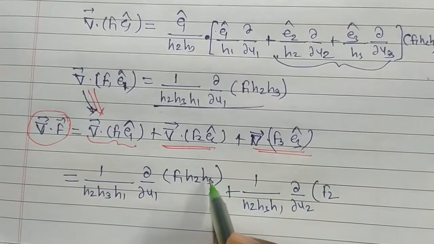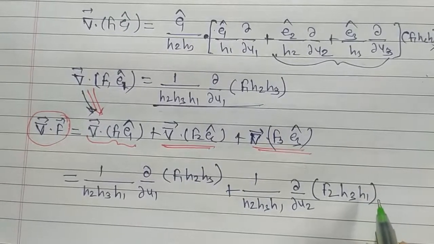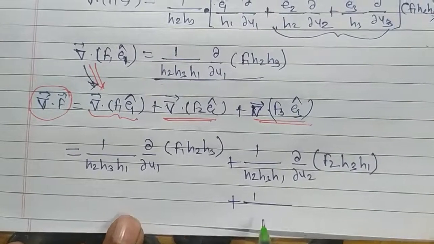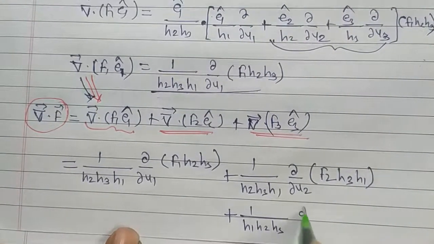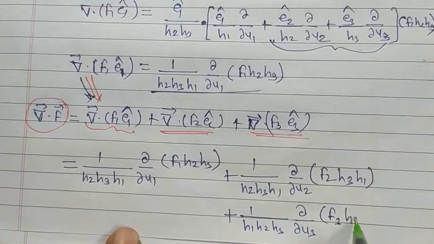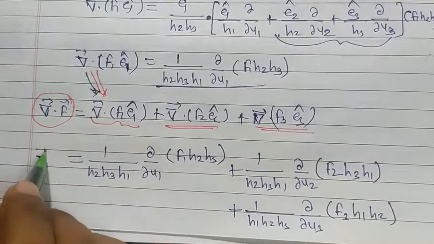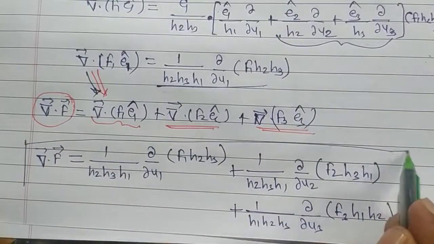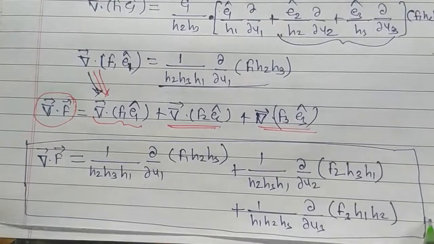Here it was h2 h3, so here it will be h3 h1, and the remaining will be 1 upon h1 h2 h3 ∂/∂u3 of f3 h1 h2, and this is the expression for divergence of vector f bar.